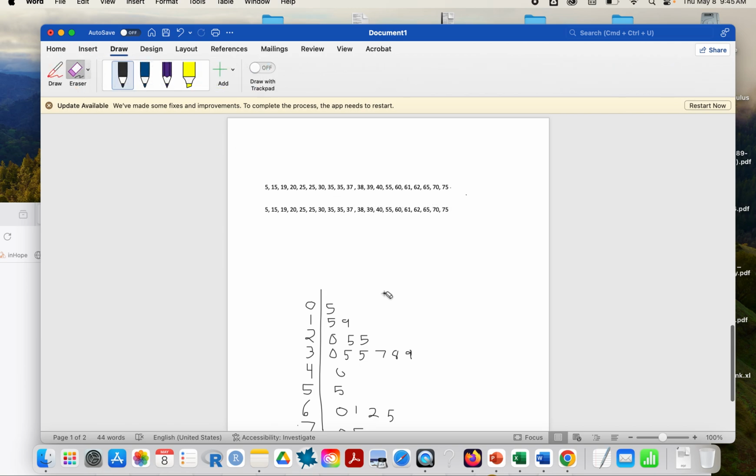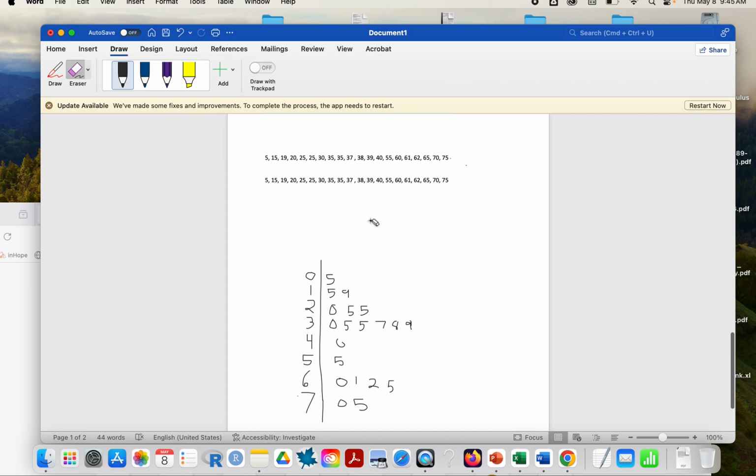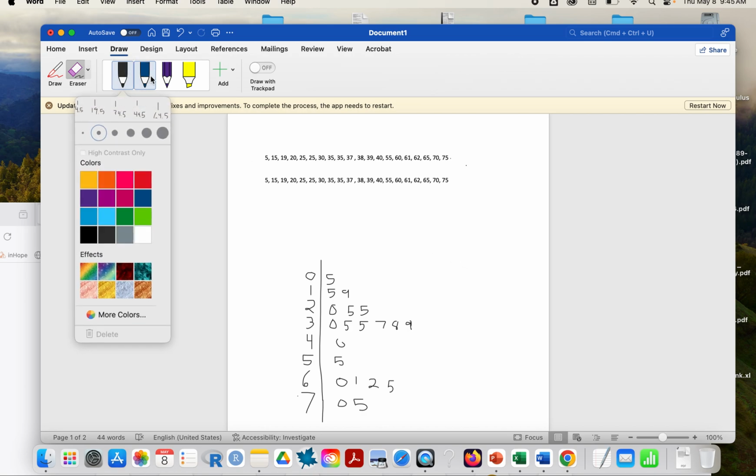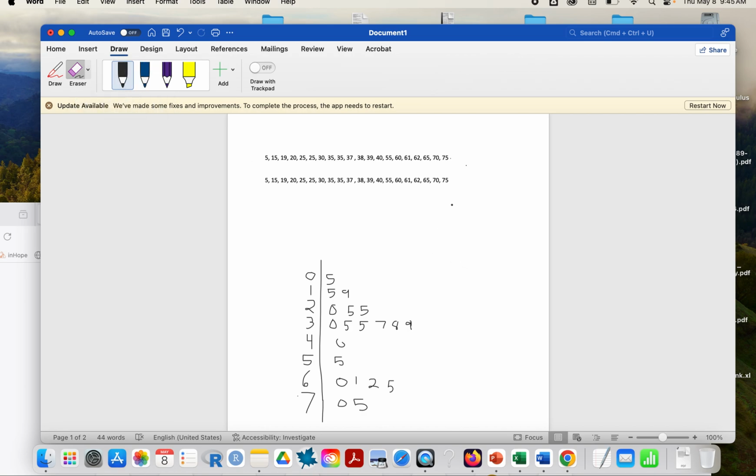So what you might see is something of this nature. If you have a large data set and there's a lot of values, you very likely could see the stems look like this. They would do a double stem and leaf: 0, 0, then 1, 1, then 2, 2, and then 3, 3.